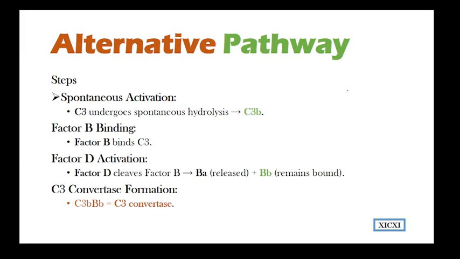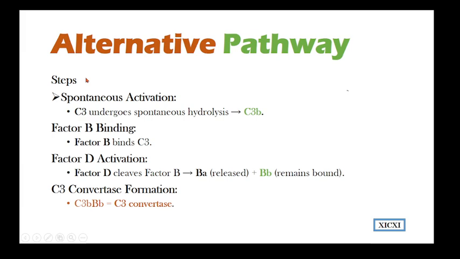The alternative pathway is a little bit more complicated compared to the others, because all of them were similar. In the classical pathway, the antigen-antibody complex activates C1. In the lectin pathway, we have mannose on the surface of the pathogen, which activates mannan-binding lectin, which will activate C4.